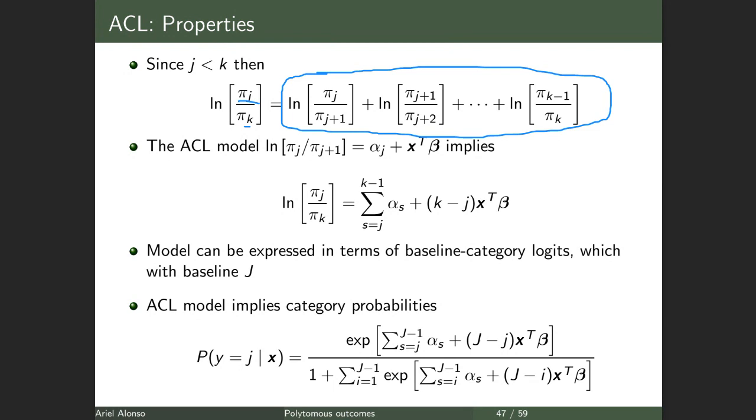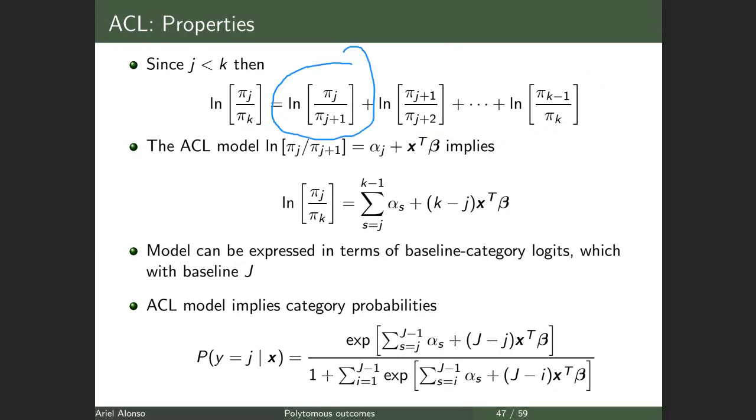Now you know that for each of these logarithms you have a model, this adjacent category model. So for each of these logarithms, you have this expression here. If you plug in these expressions and you sum up, you get that the logarithm of the odds of outcome j compared to outcome k can be decomposed in this form.